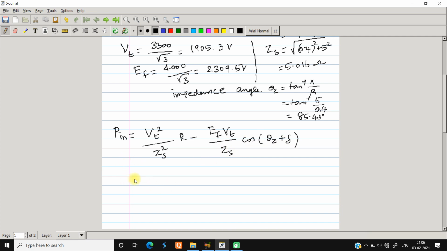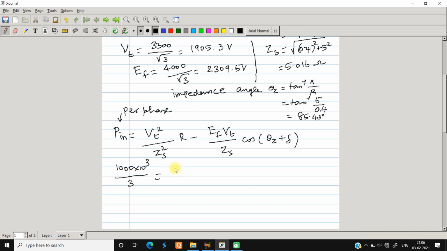We know the power input value is going to be 1000 kilowatt. So 1000 into 10 power 3 divided by 3, because this formula has been derived for per phase value, but in the problem we have been given the value for 3 phases, so we will be dividing it by 3.